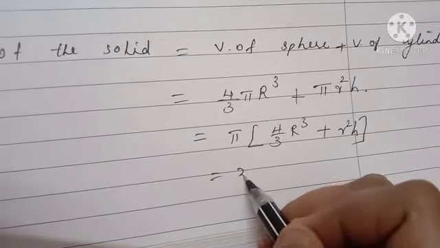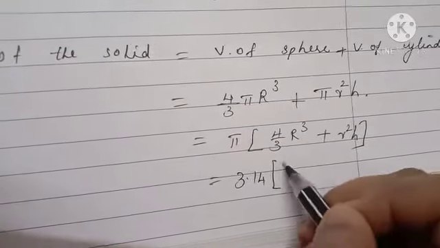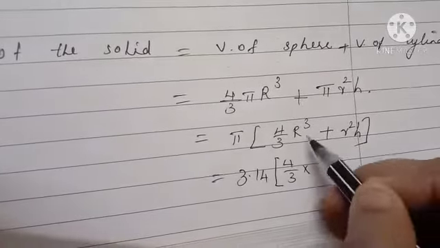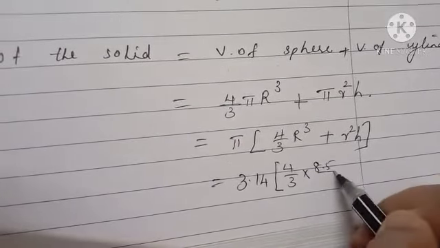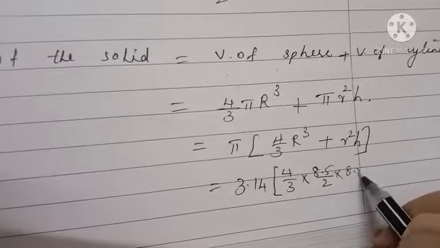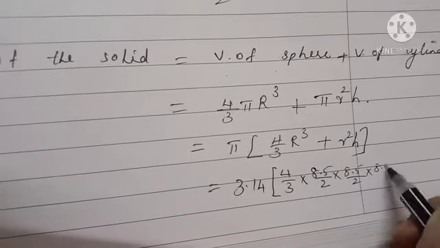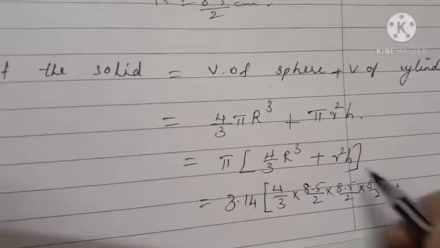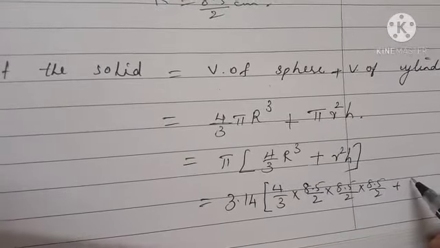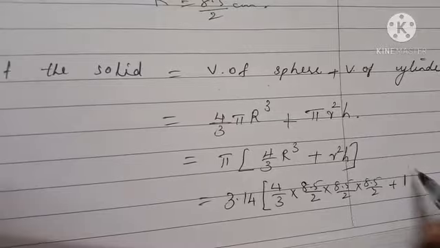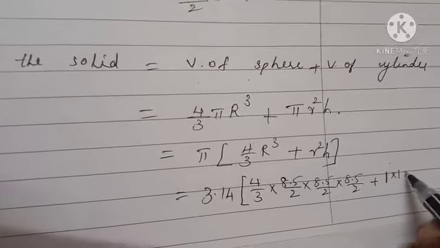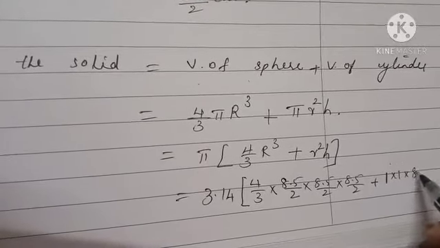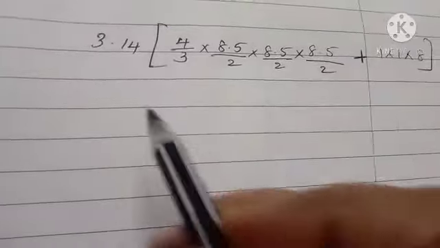Then we can give the values. Pi is given as 3.14 into 4 by 3 into capital R, which is 8.5 by 2. So its cube means 8.5 by 2 into 8.5 by 2 into 8.5 by 2, plus r square h. Small r is given as 1, so 1 square means 1 into 1, and h is 8. You can simplify this.